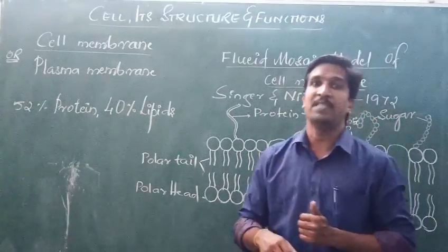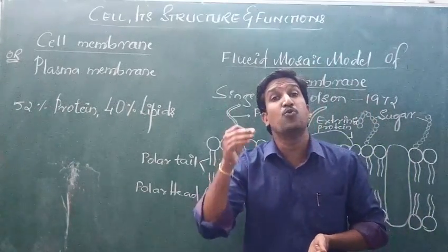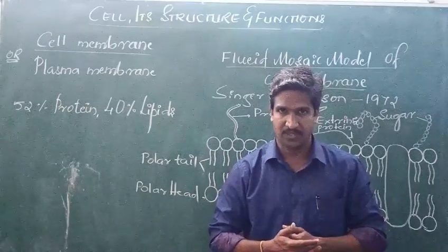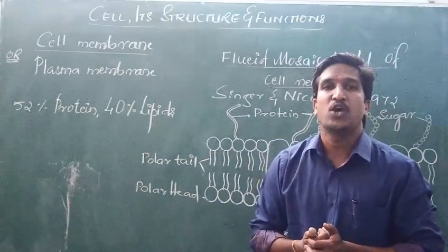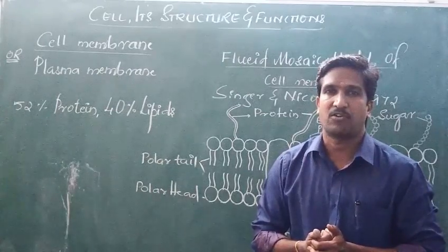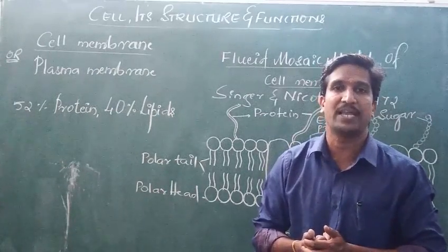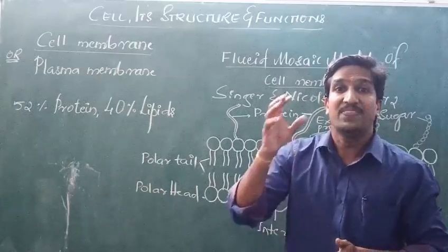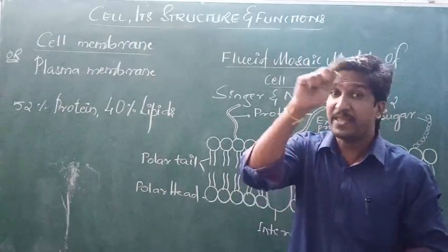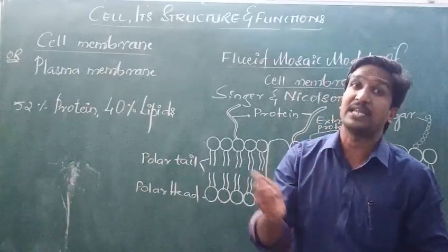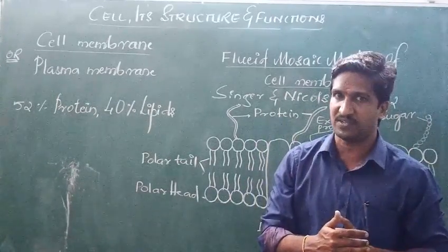During that time, they took the cell of a human erythrocyte, that is RBC, red blood corpuscles. Red blood corpuscles are also biologically called erythrocytes, which have a concave-shaped cell covered with a plasma membrane. In that they started discovering.